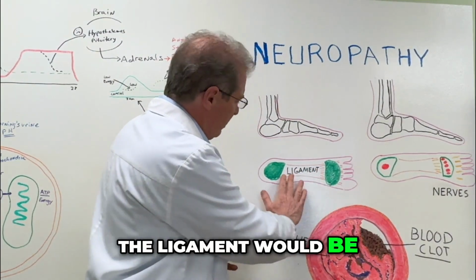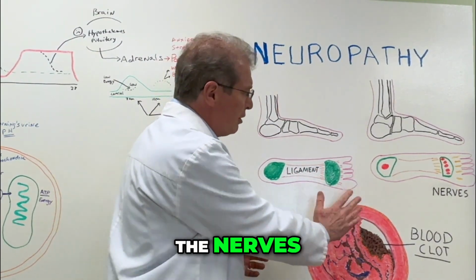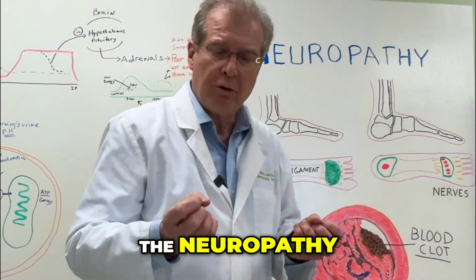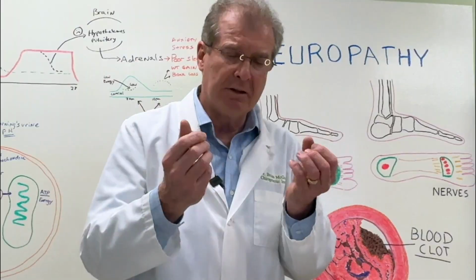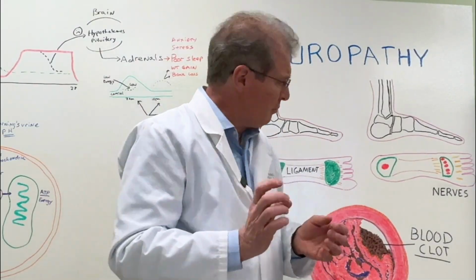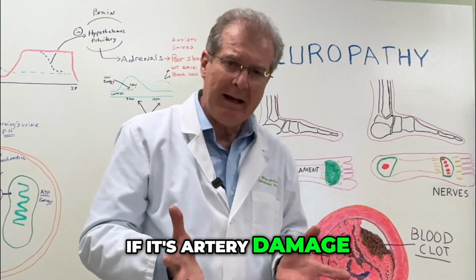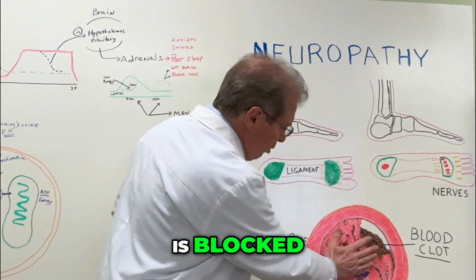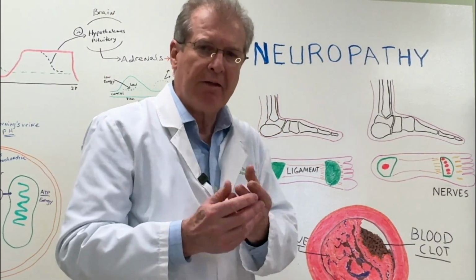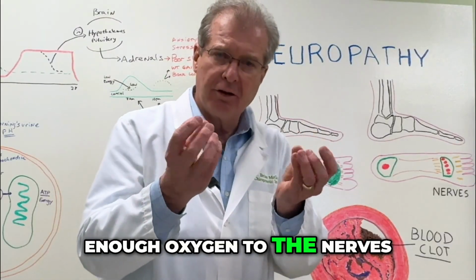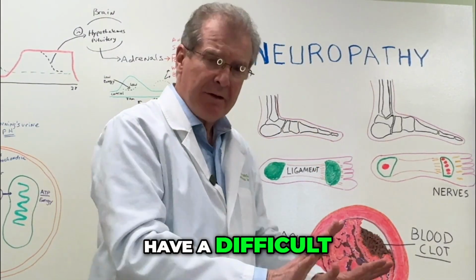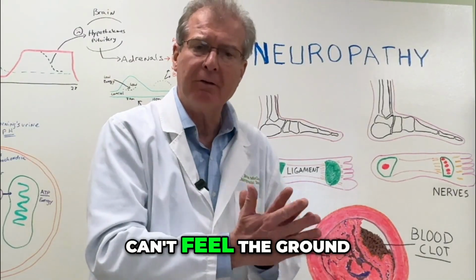So the ligament would be your plantar fasciitis, the nerves, that's going to be the neuropathy. It does not feel good. If it's artery damage, the blood flow is blocked, and there's just not enough oxygen to the nerves, and they tingle, and that's when people have a difficult time walking because they can't feel the ground.